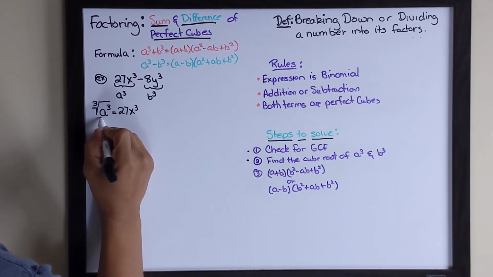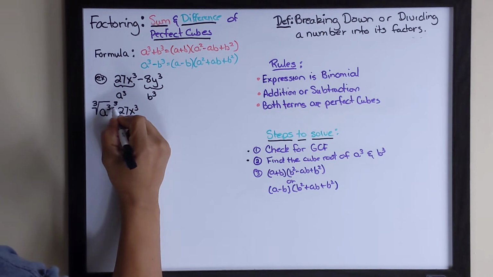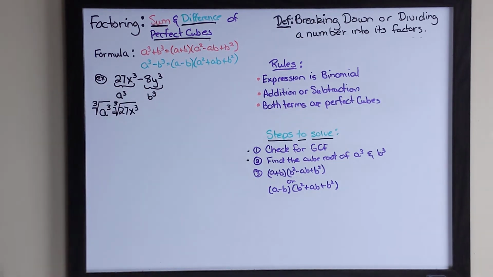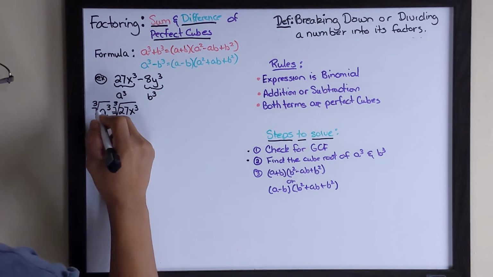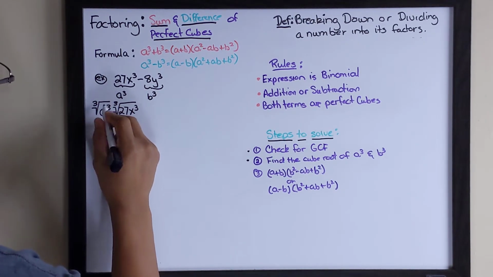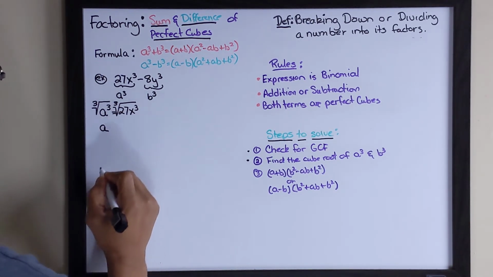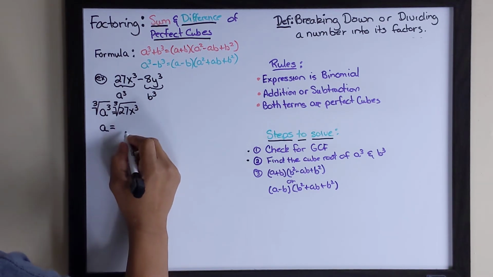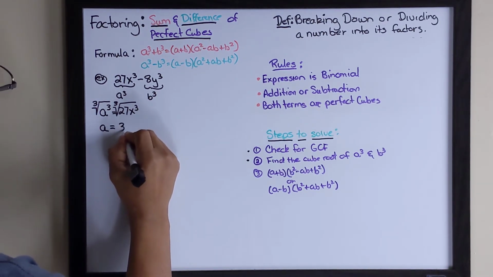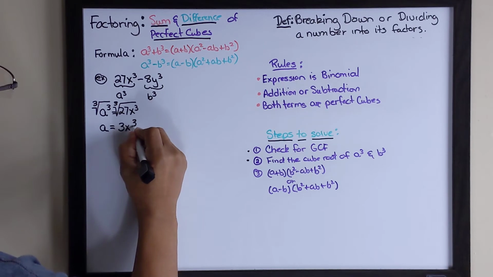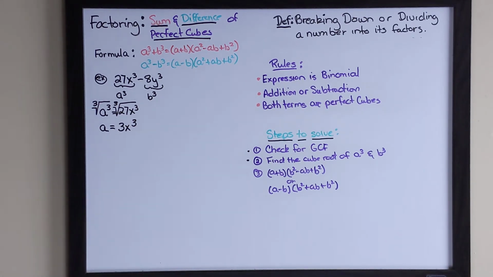Whatever we do on this side, however, we have to do on this side of the equation. So we're also going to take the cube root of 27x cubed. When we do that, that gets rid of our power. So that leaves us with a on this side, and on this side it leaves us with 3x cubed. So that is the value of a.